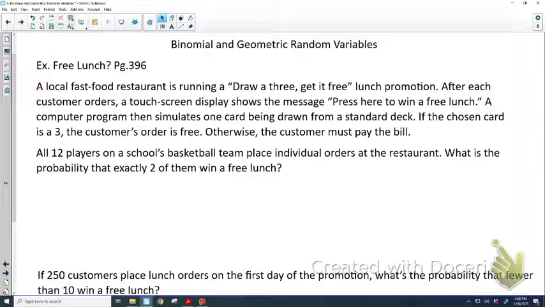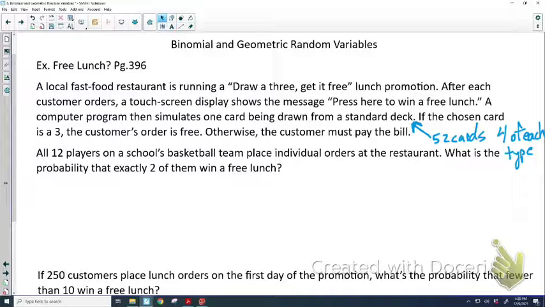Hopefully, if this was on an FRQ, they would define the standard deck. It's 52 cards, 4 of each type of card. So if you get a card with a 3, you get a free lunch.